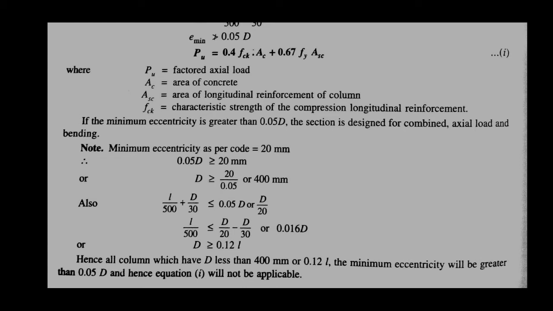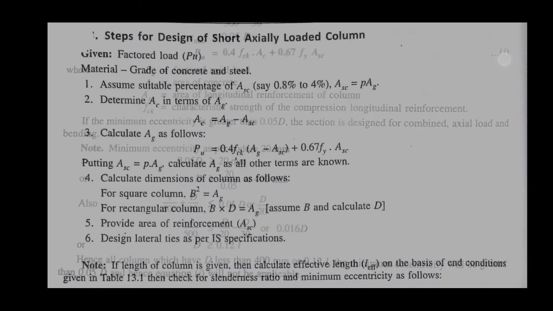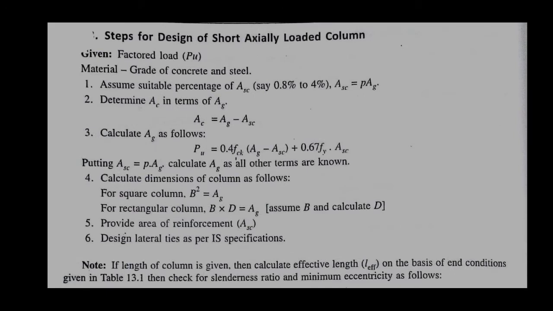Now, check out the design steps. How could we design? Steps for axially loaded column. If factored load Pu is given and the grade of concrete and steel, first assume a suitable percentage of area of steel Asc.